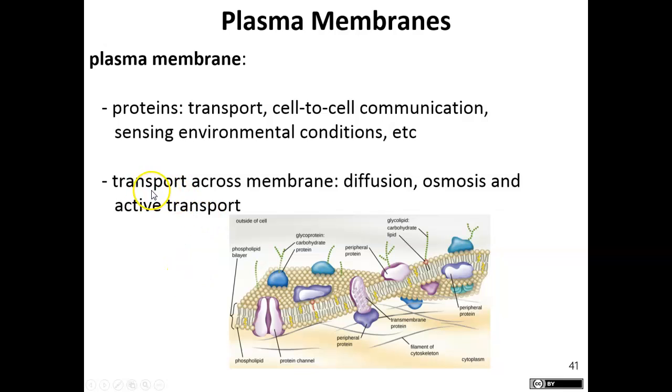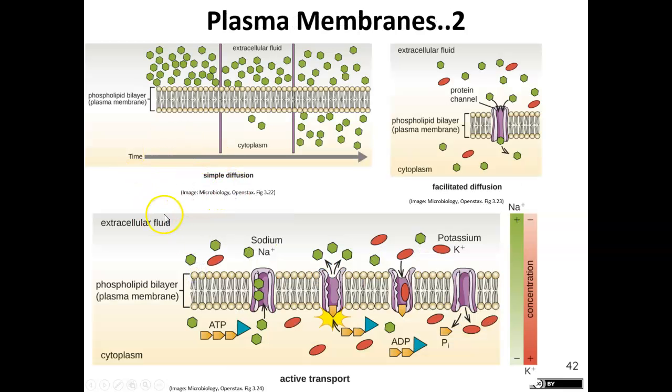So the major ways that proteins work in transport is through either diffusion, osmosis, or in active transport mechanisms. You've learned about these in earlier classes, so I don't have a lot of information on each, but I will show you. Basic diffusion is the movement of molecules from higher to lower concentration.